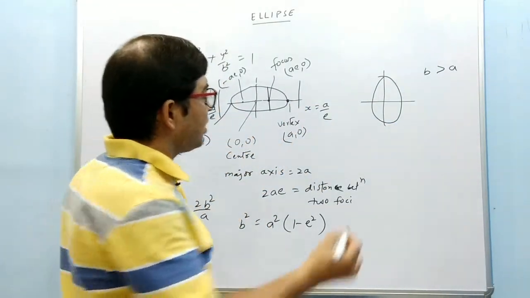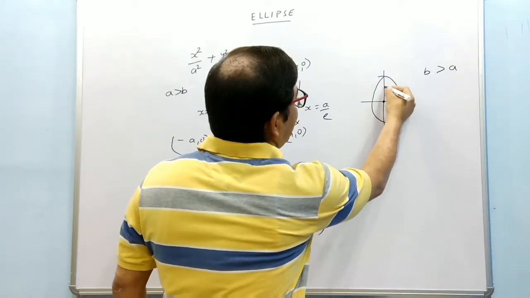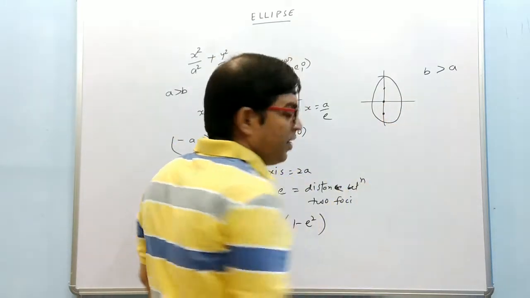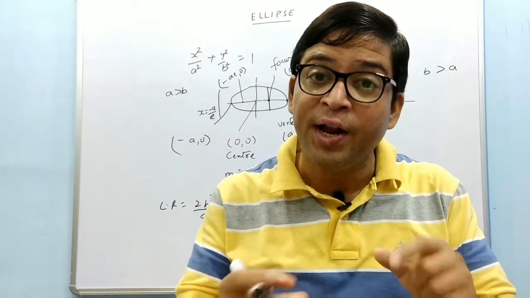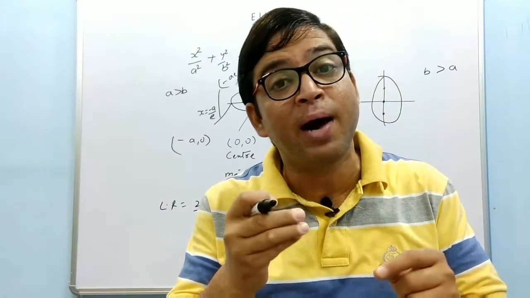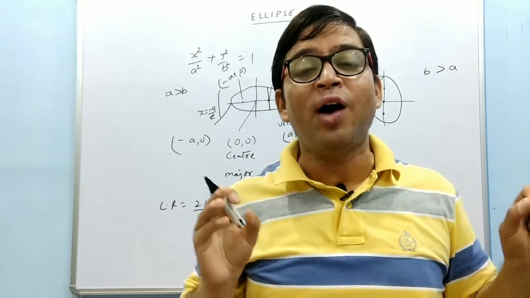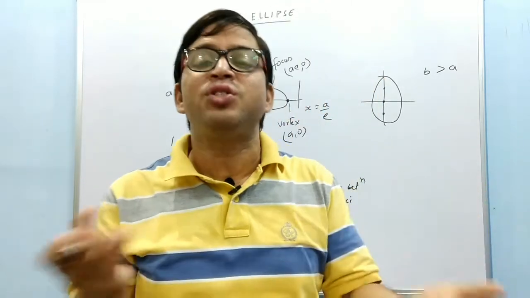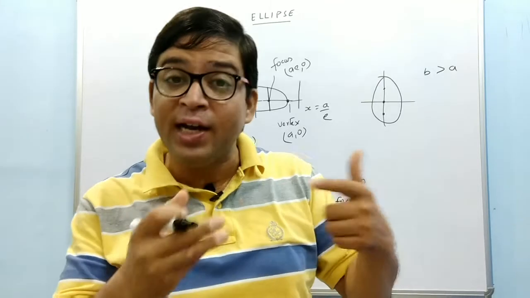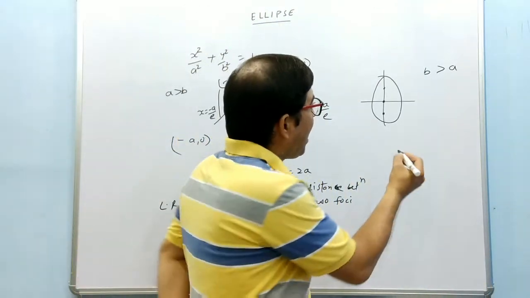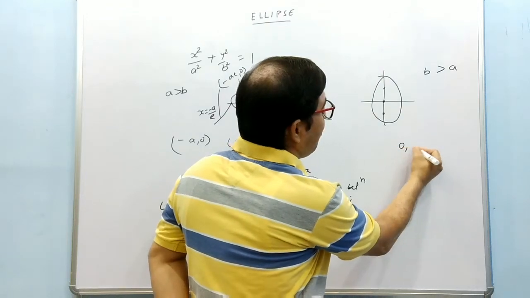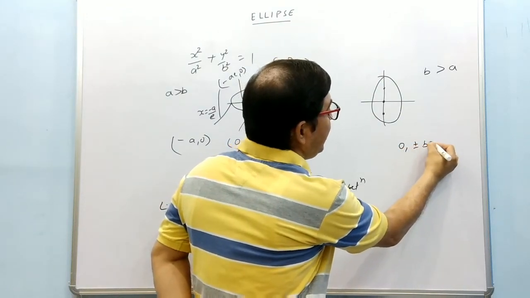See, center is (0, 0). The focus was (ae, 0), but here a will be replaced by b. The only thing you have to do is, for a, you just write b, and see that they are lying on the y-axis, so you write 0 in that place. So foci will be (0, plus minus be).